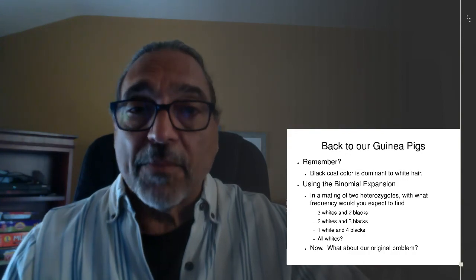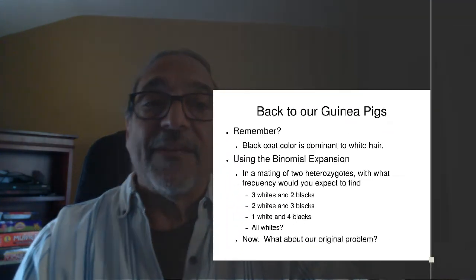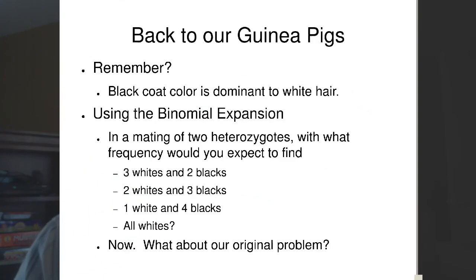Now here's a problem for you to solve on your own. Remember, we talked about our black and white guinea pigs, black coat color dominant to white hair. And you recall our conversation about how that was one of the most important problems because it illustrated several different sets of concepts that we had. So I'd like you to go back to that problem.